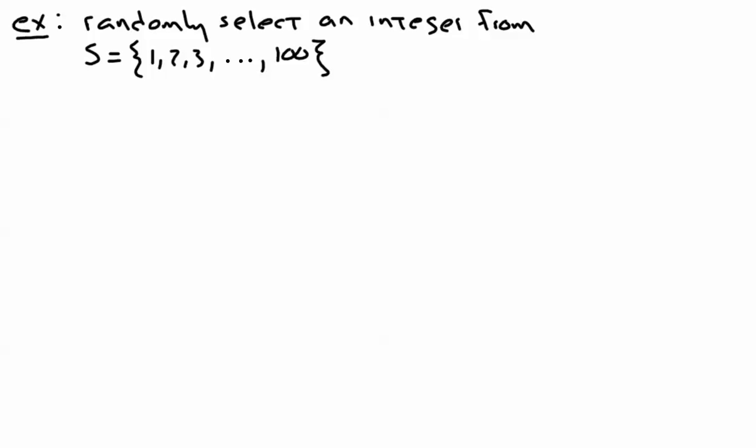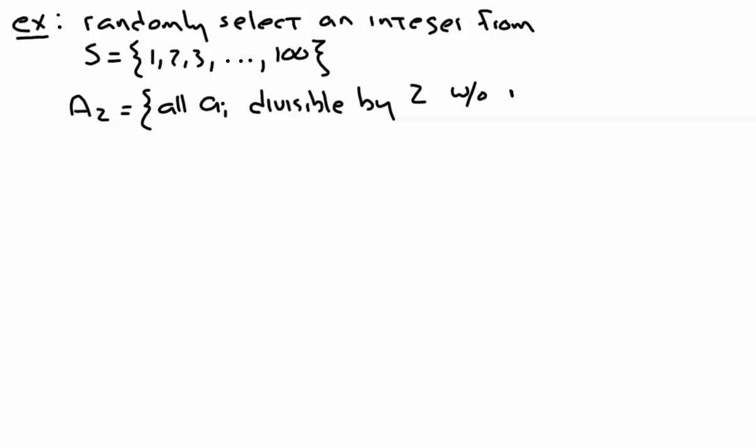And let's define some events now. Event A2 is going to be all integers a sub i, where i represents the integer value, divisible by 2 without a remainder.